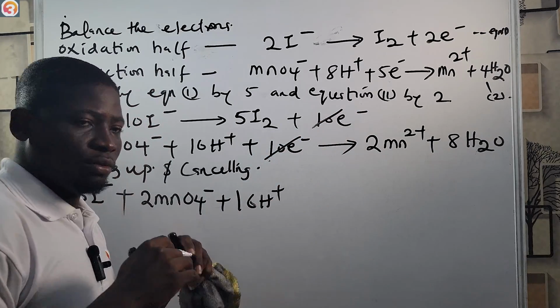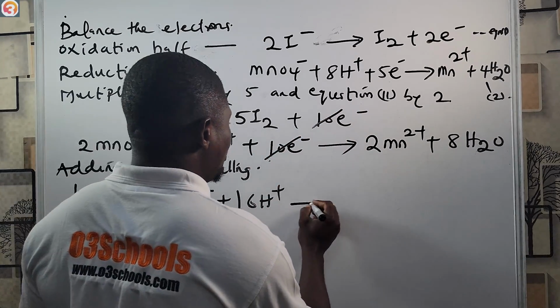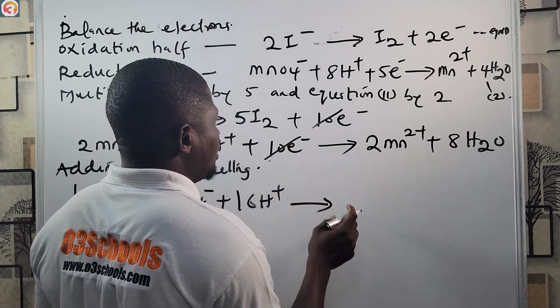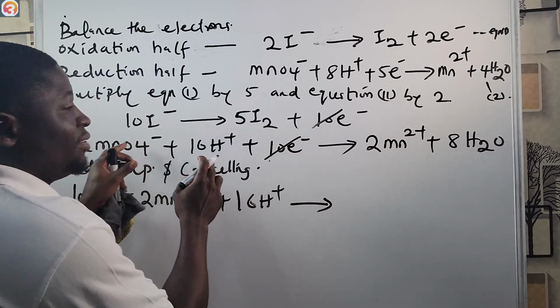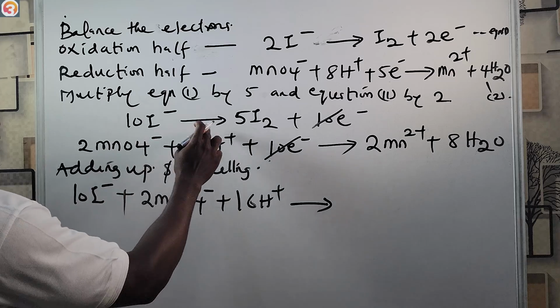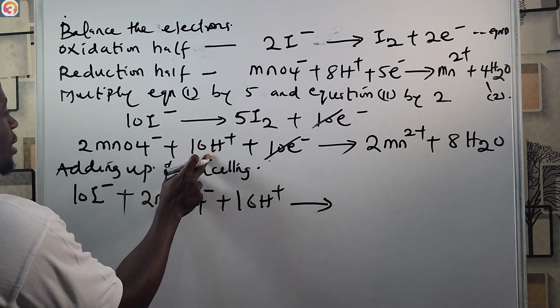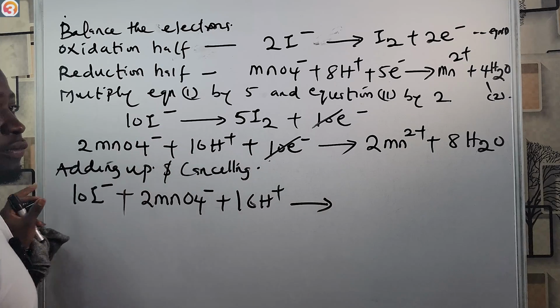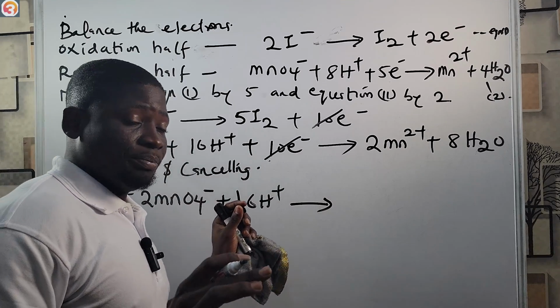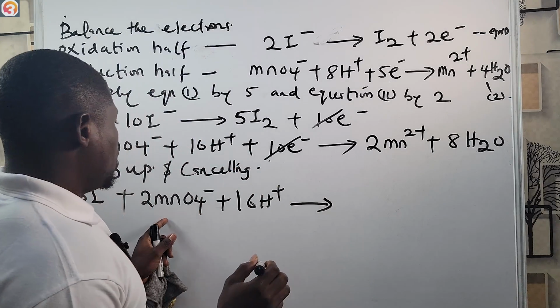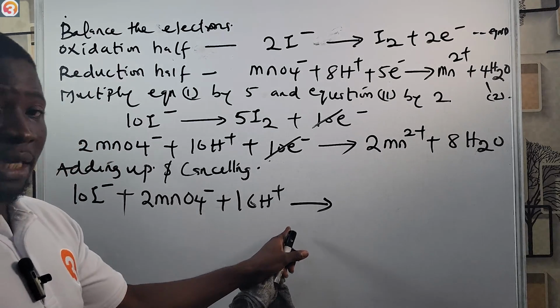There we go. Then what is on the product side now? We are done with the reactant side. Look at all the things on the reactant side: 10e has gone already. So 16H plus, 10I minus and 2MnO4 minus are what we have on the reactant side. Okay, so these are what we have there.